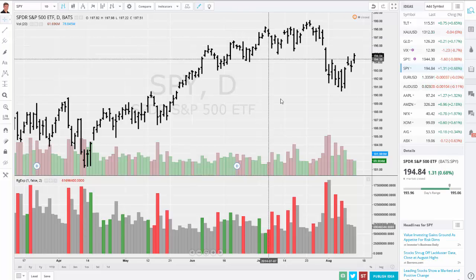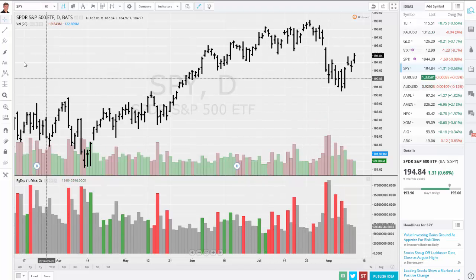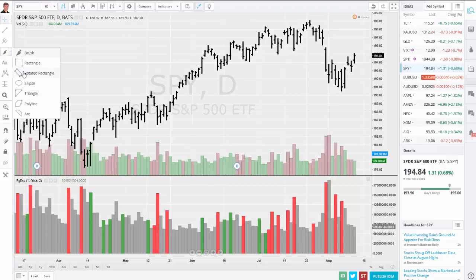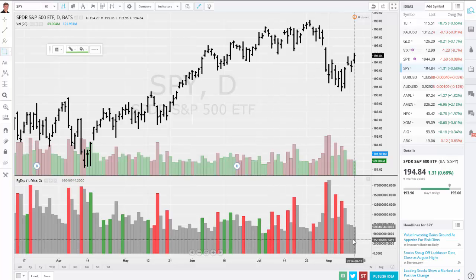So essentially what you're looking at is the last 9 days that are range expansion up days or range expansion down days were all to the downside. This is indicative of very heavy selling and indicative of a bear trend in the market. So it's very quickly highlighting to you that there's a lot of selling going on, as opposed to this chart where you see alternating red and green.